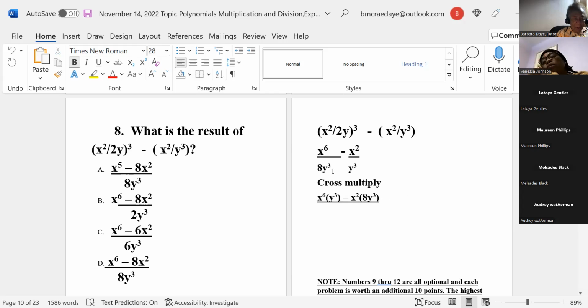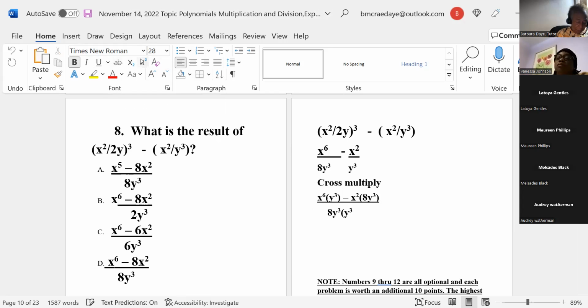You're multiplying denominators. 8y to the 3rd times what? Y to the 3rd, that's it. We multiply the denominators. Okay, everybody with me? Yeah.